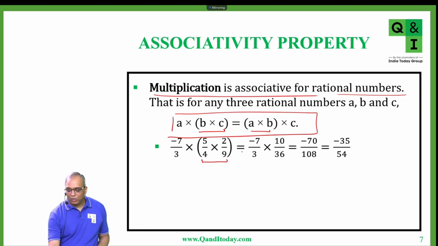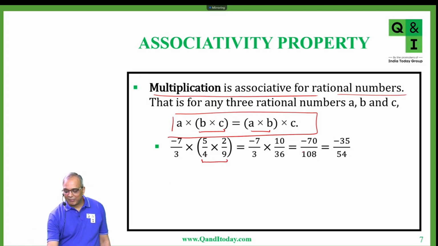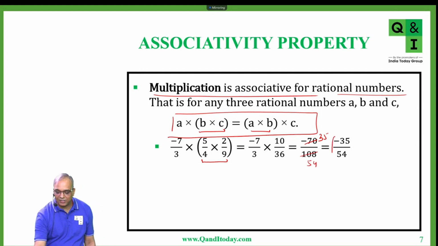Okay. So you have 10 over 36 multiplied by -7/3. So you have -70/108. Now, here you can cancel both numerator and denominator by 2. You can take out the common factor. So you will have -35/54.